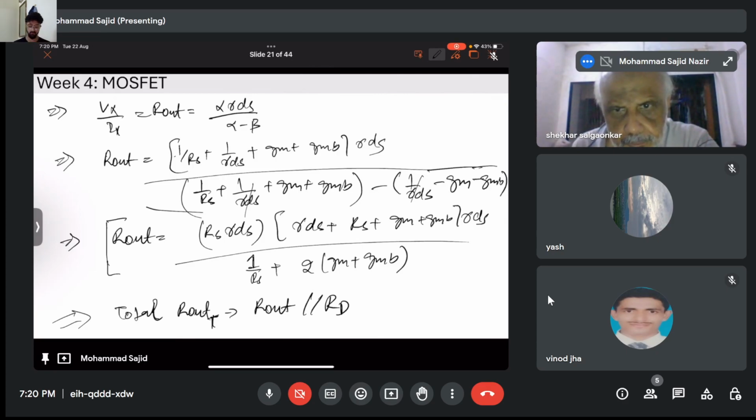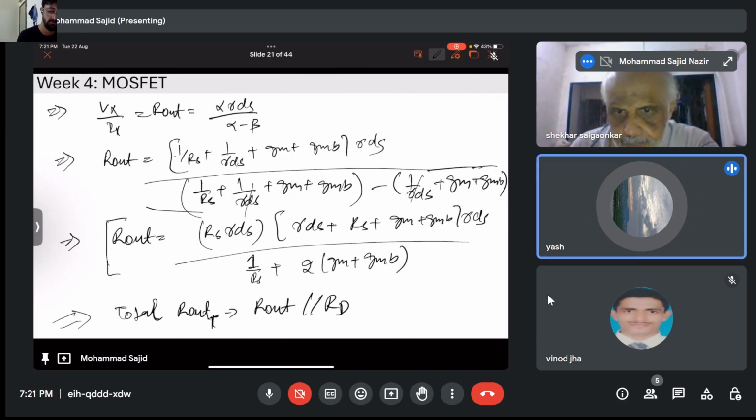Just once try to do a calculation for R out as well, because I think these terms should have been cancelled. There should have been positive signs here, but during the calculation maybe I have done some mistake.